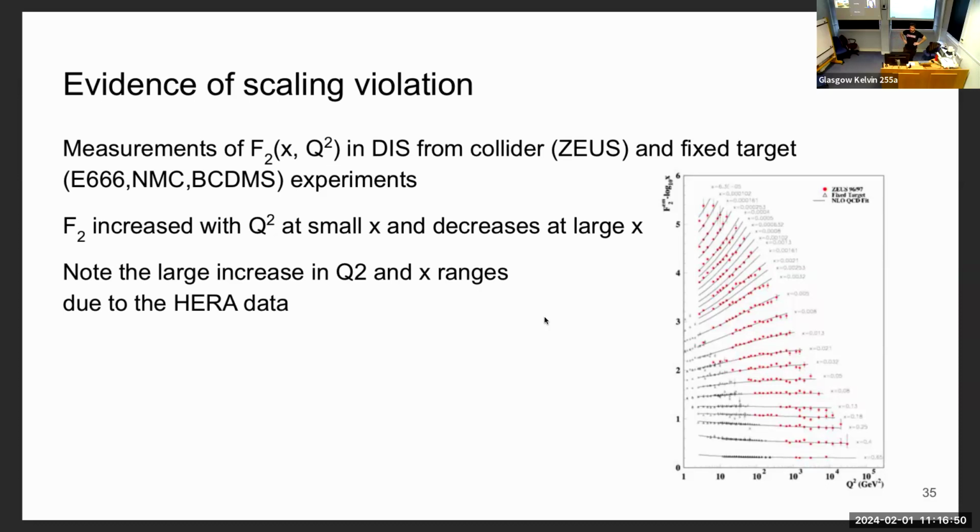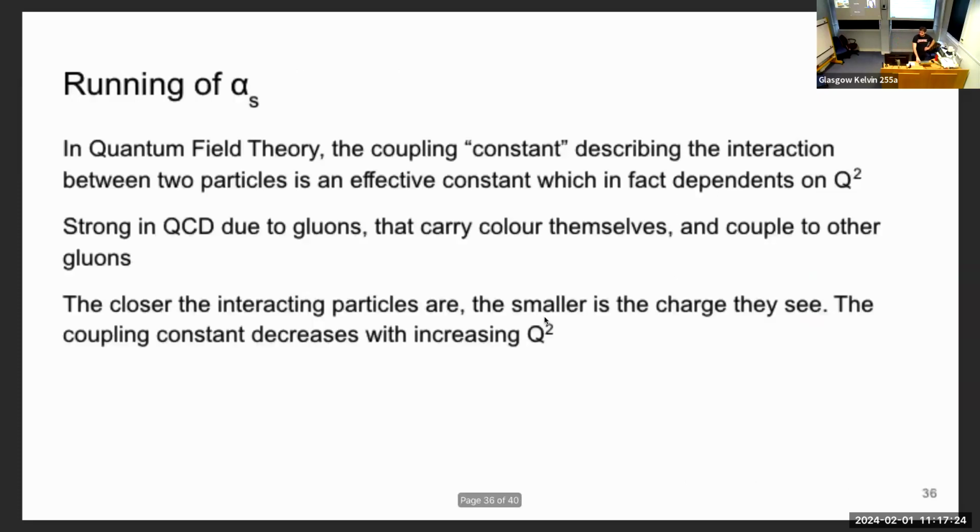So F2 increases with Q squared at small x, and decreases at large x. In this picture you can find a comparison between the data from ZEUS, which are the red dots, and the line, which is the prediction at next-to-leading order. So scaling violation is also confirmed.